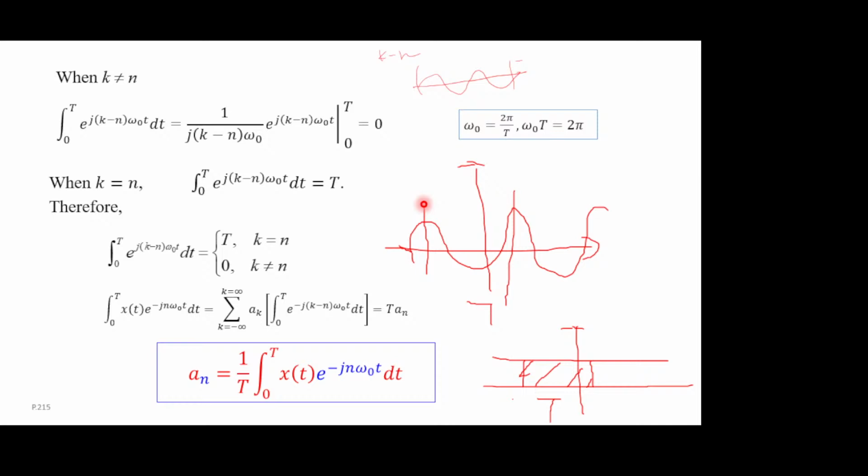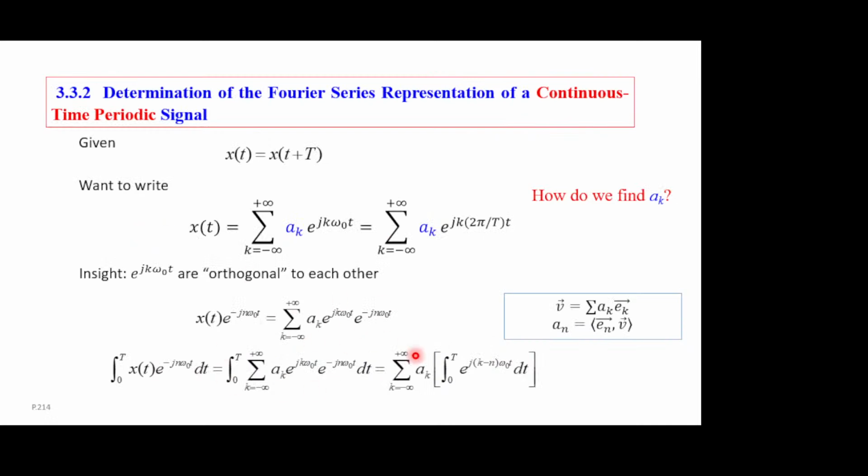Mathematically we arrive at this, and back to our problem of how to find an. So we take this integral, then we see that this term is 0 except when k equals n. So it's like a delta function, right?